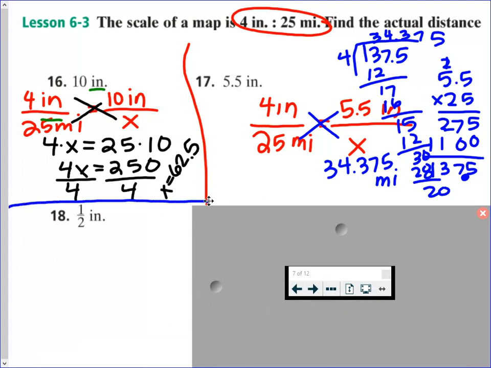Two left. 4 inches, 25 miles. Where am I getting this from? Half an inch.